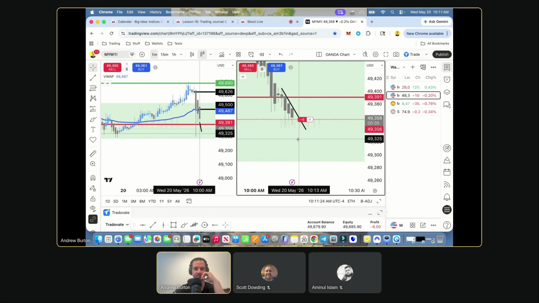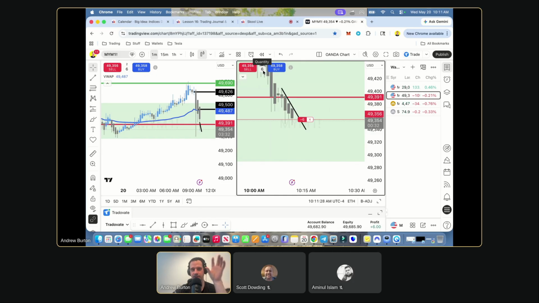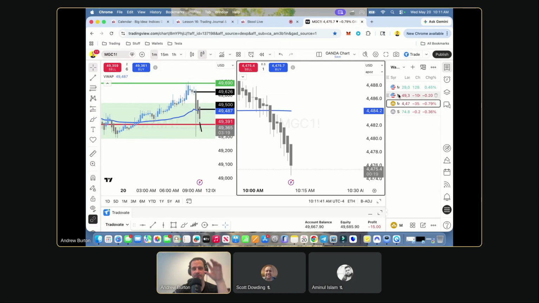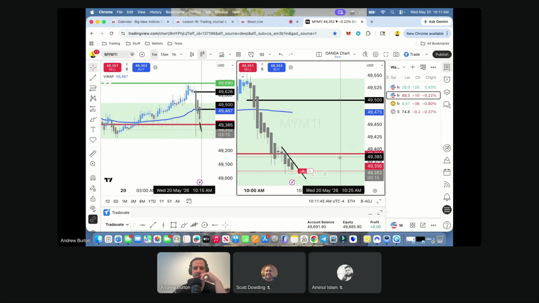So I like to do 3 lots on the NASDAQ and then 6 lots on US 30. Silver is insane. Just do 1 lot if you're going to trade silver ever, which I don't even put silver in the course because I think it's too risky. And then gold is kind of like the NASDAQ, like 3 lots is normally good for a 50K account.